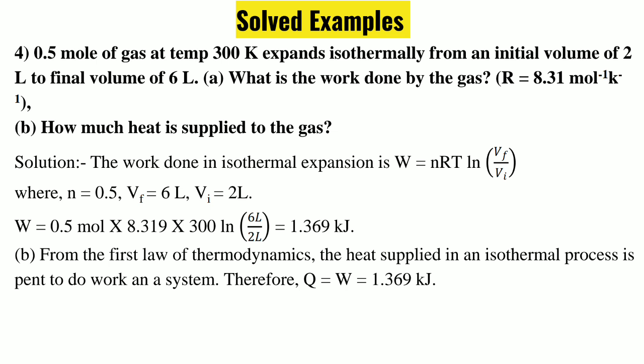So therefore Q is equal to W, that is 1.396 kilojoule. Why are we writing Q is equal to W? Because the first law of thermodynamics formula is Q is equal to delta U plus W, but delta U is 0, because there is no change in temperature. So directly we get Q is equal to W.